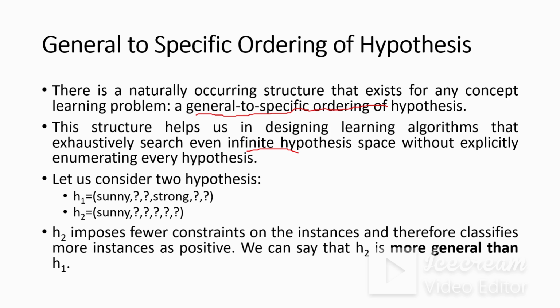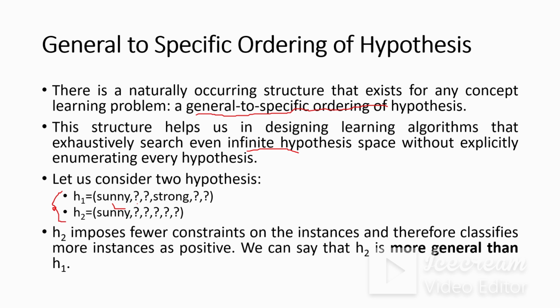To better understand the general to specific ordering, let us consider an example. We have two hypotheses, H1 and H2. H1 is sunny, question mark, strong, question mark, whereas H2 is sunny, question mark, question mark, question mark, question mark, and question mark.